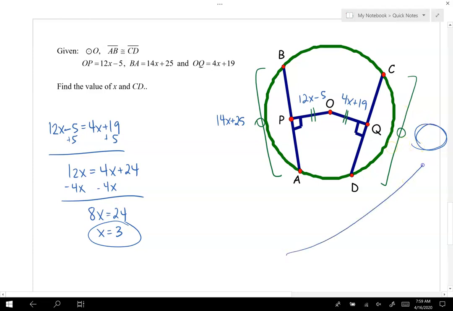So when I find the length of segment CD, I can use the same expression from AB. So CD equals 14 times 3 plus 25, which is 42 plus 25. So CD must be 67.